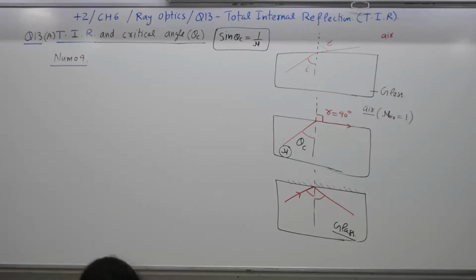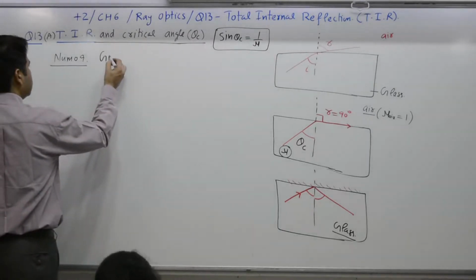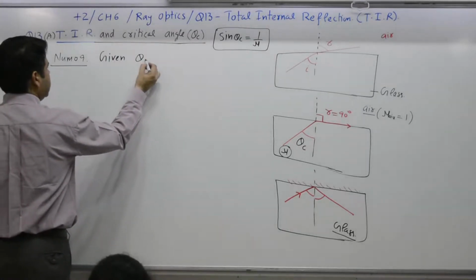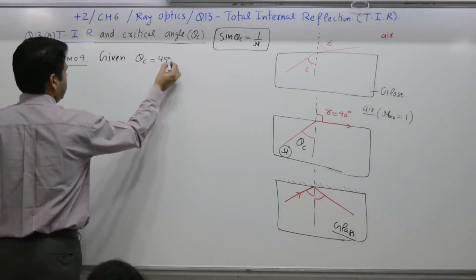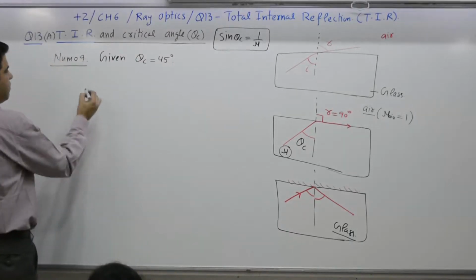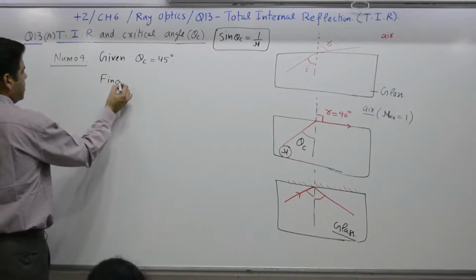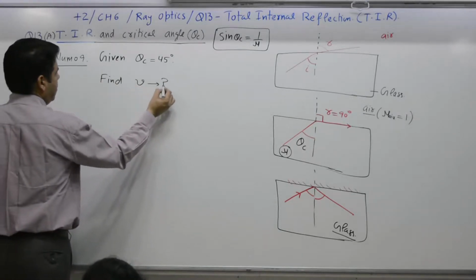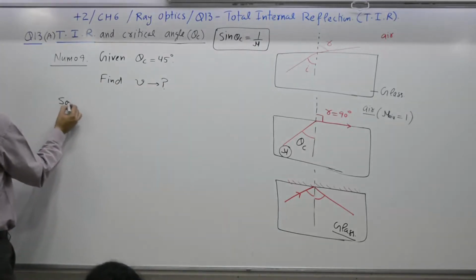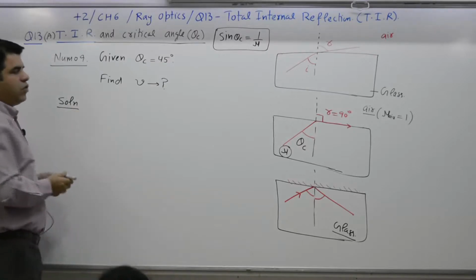I repeat the statement, calculate speed of light in a medium whose critical angle is 45 degree. Given is theta critical, 45 degree. Find the speed of light in the medium. 1 minute with you to try. Formula is written on the board.